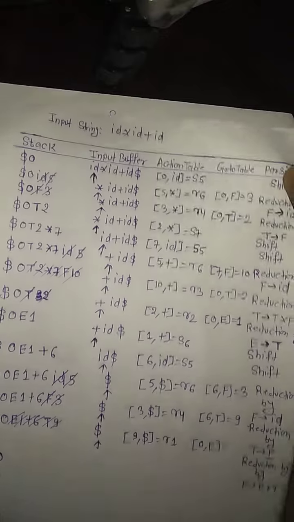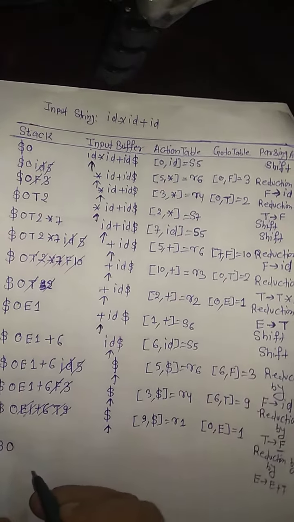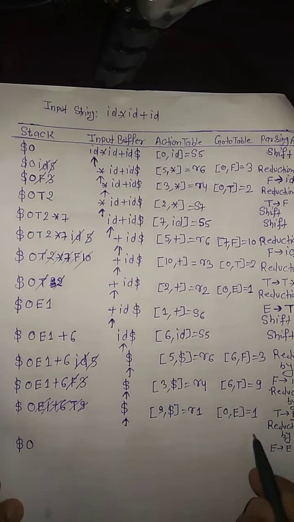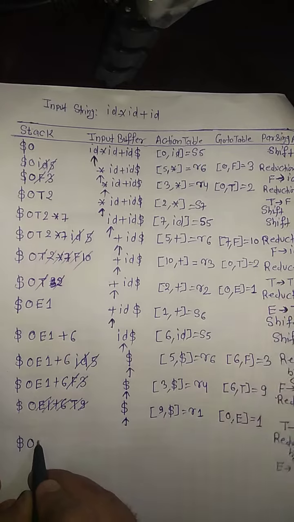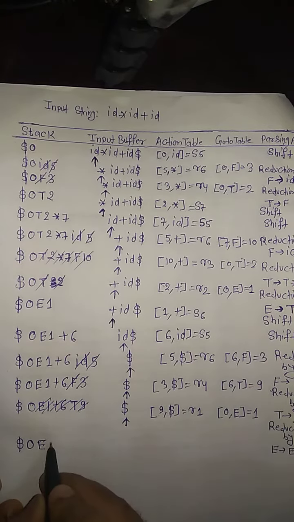So you write here 1. Again you have to perform the next step. So next step is you have to shift, push capital E on the top of the stack and this number 1.